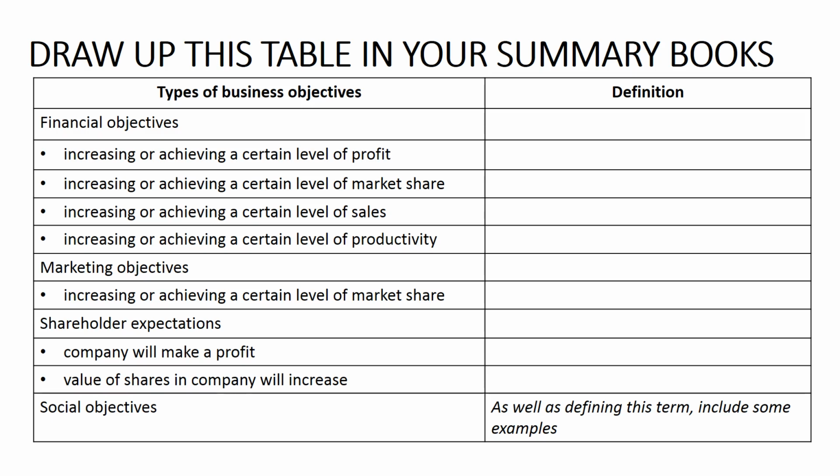For some of these objectives, I've broken them down into further more specific kinds of objectives, such as the objective of increasing or achieving a certain level of profit. In the second column, I want you to define these different types of business objectives, and this is the information that you'll get from the slides that follow.